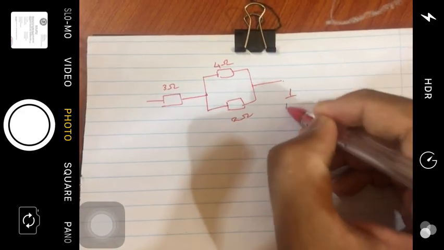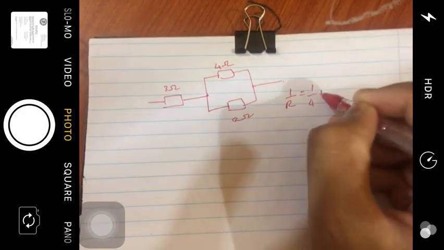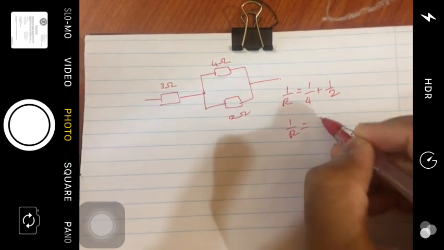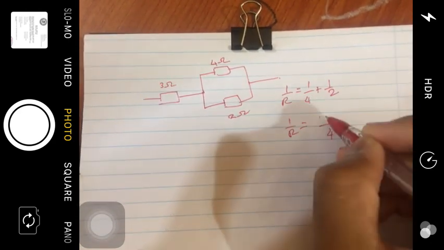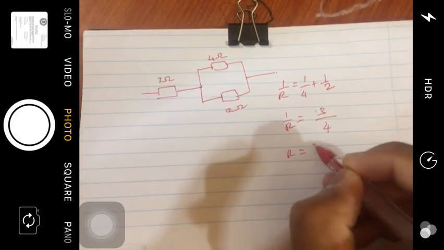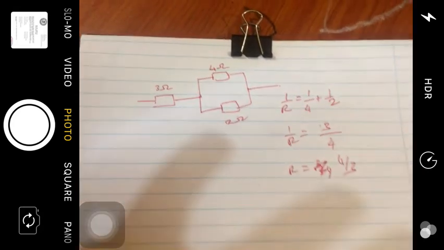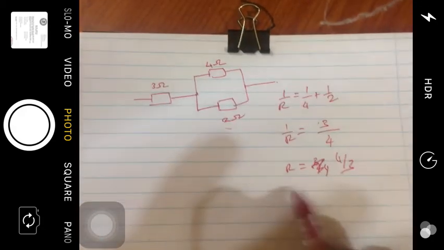So 1 over R would be 1 over 4 plus 1 over 2. That would be 1 over R equal to 3 over 4. So R is equal to 4 by 3. So the equivalent resistance for the parallel combination is 4 by 3.